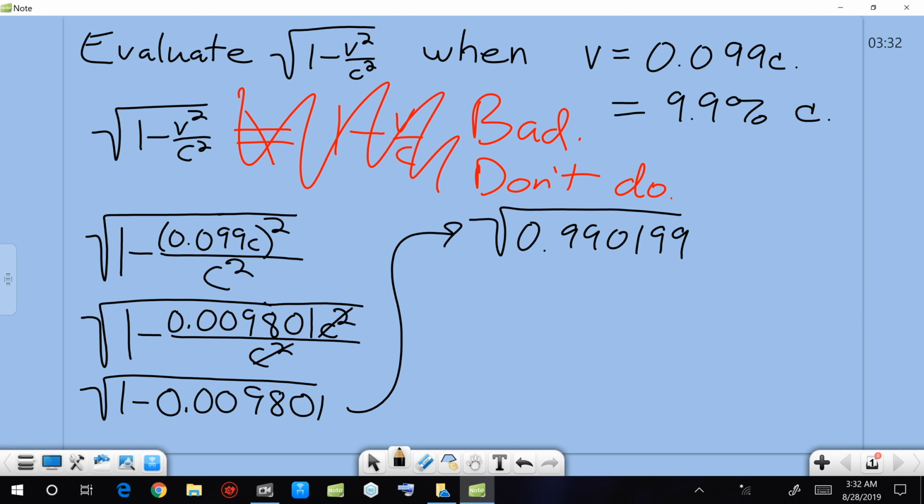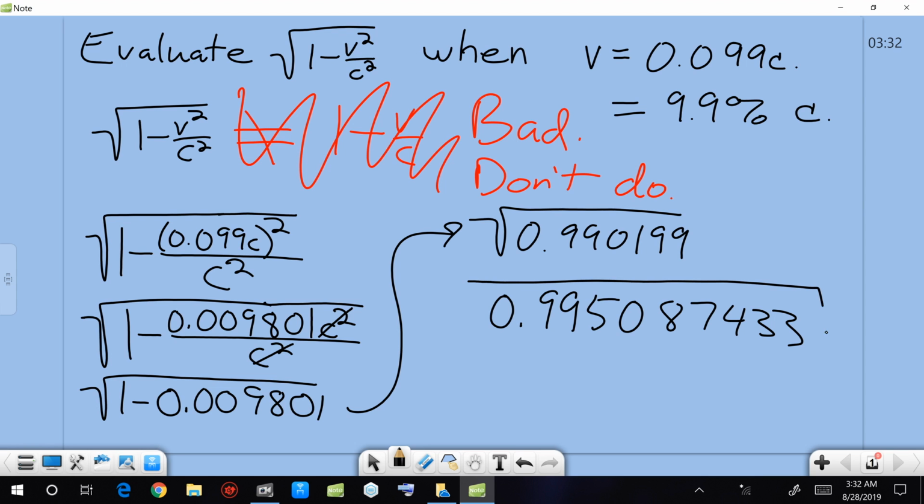When you do that, you're going to end up with 0.995087433. And there's no units to this. 1 minus v squared over c squared, you're going to end up with just a pure number. Put a box around it, so that your physics teacher knows it's your final answer.